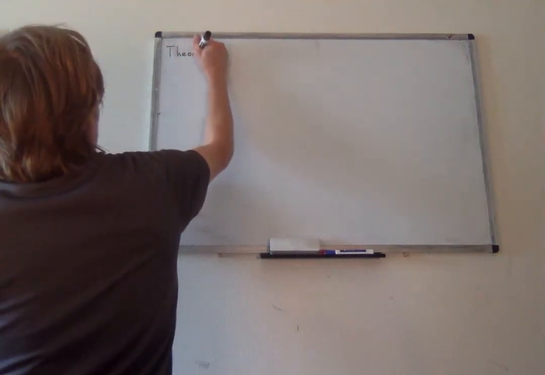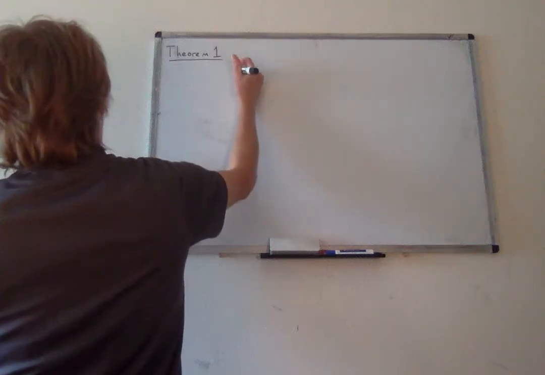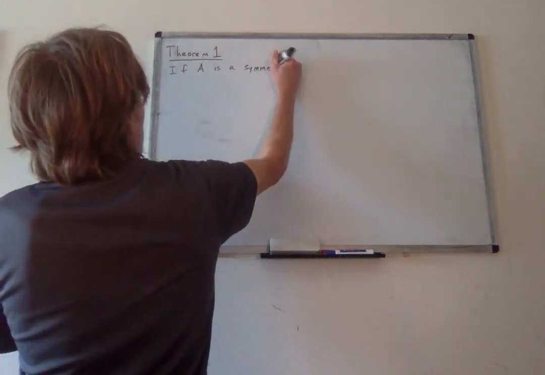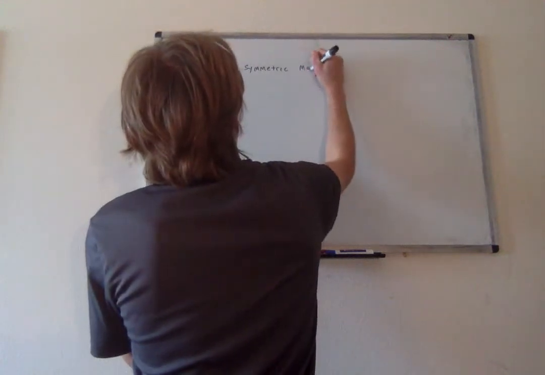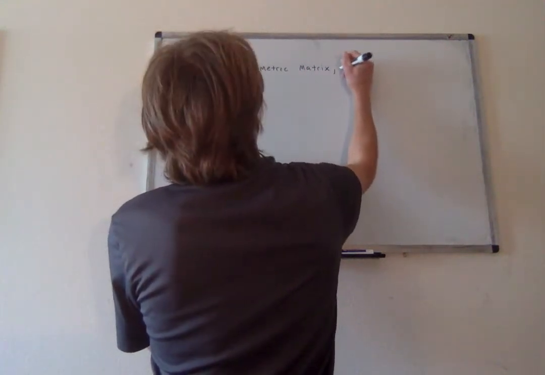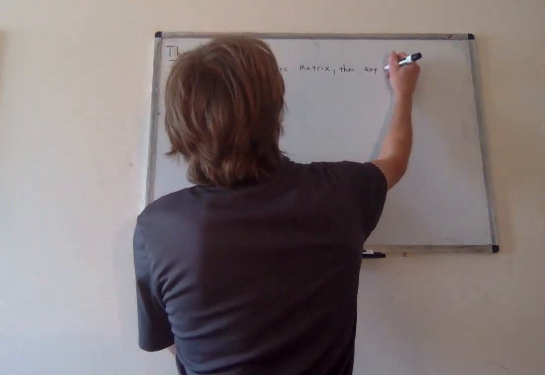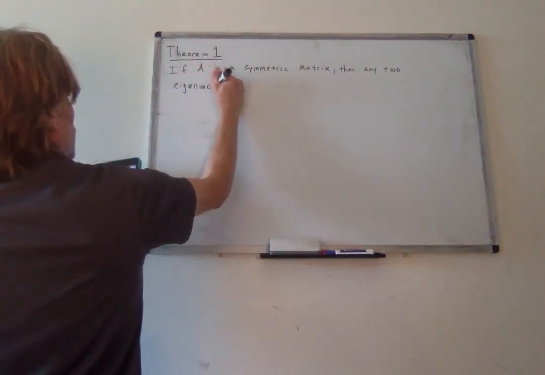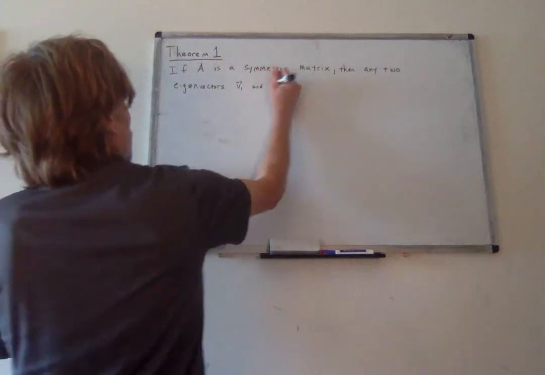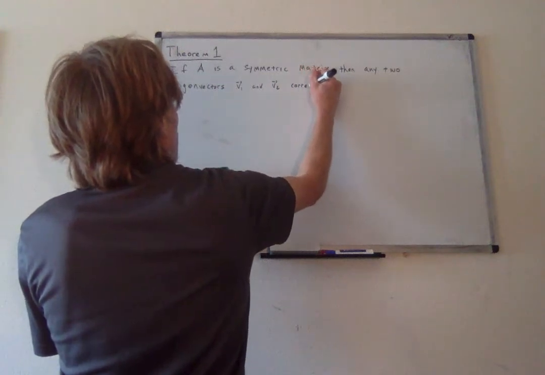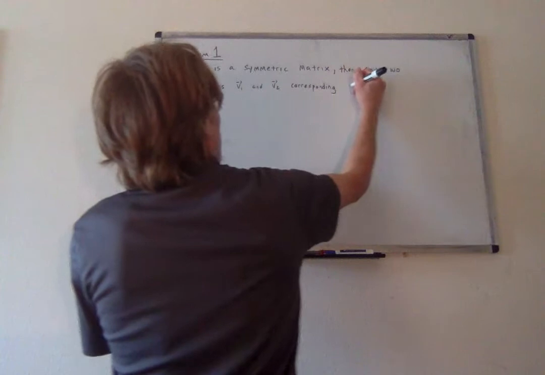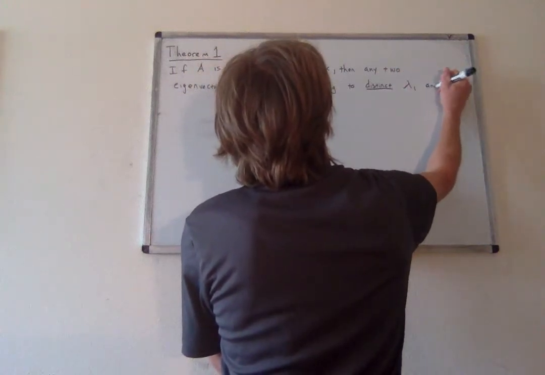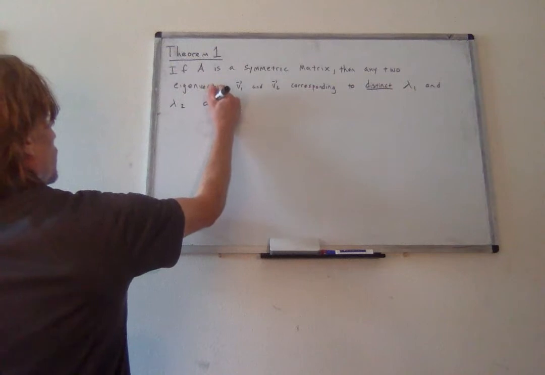But first, to do that, we want to prove the following theorem: if A is a symmetric matrix, like we had in the last example, then any two eigenvectors v1 and v2 corresponding to distinct eigenvalues, so non-equal eigenvalues lambda 1 and lambda 2, are orthogonal.